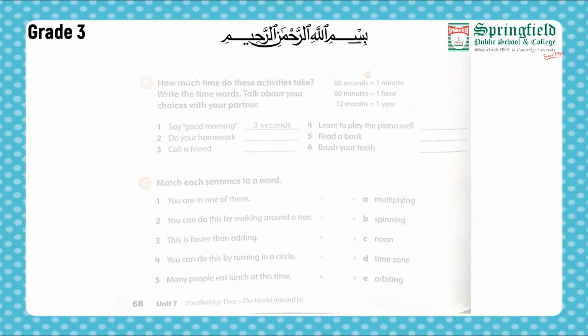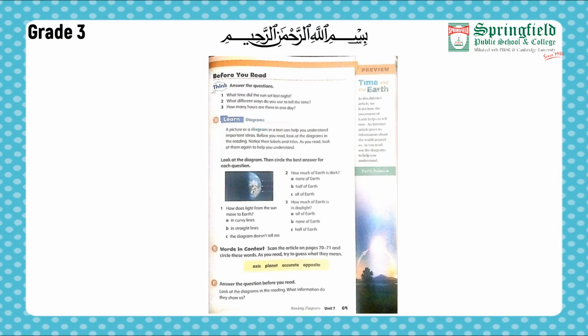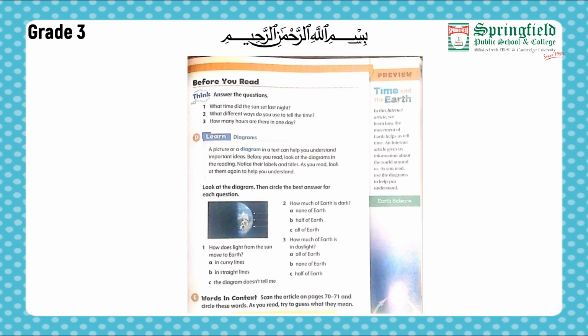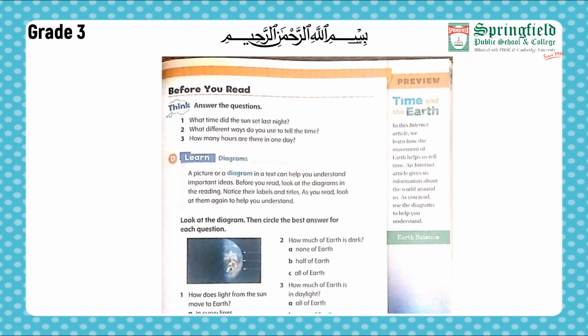Now moving forward towards our page number 69. Before you read, think, answer the questions. So here our first question is, what time did the sun set last night? Now think about it. What was the time of the sunset? It was around 5 p.m. Question number 2.